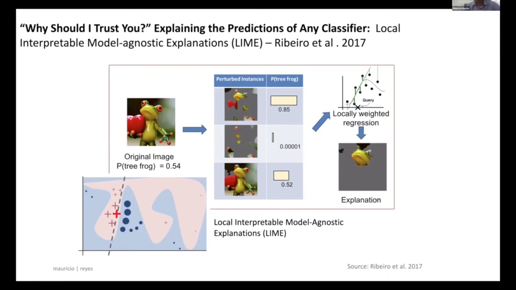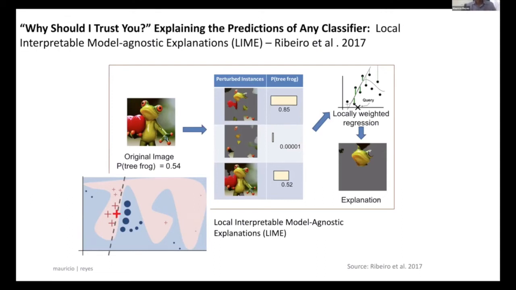It's a very simple approach. Imagine you have this image of a frog. This is a tree frog. And I want to understand what parts of this image classify that image as a tree frog. For example, this model is telling me that there is a 54% probability that this is a tree frog. What you see below here is a depiction of the samples.